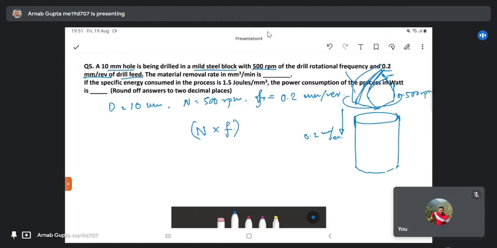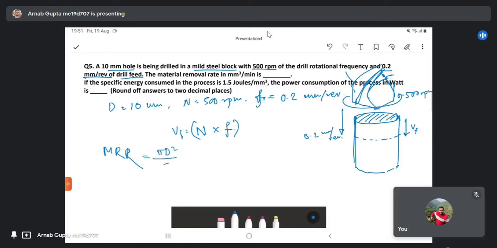So the velocity, I am writing this as vf. If we multiply the area with this vf, we will get how much material it is removing in unit time, right? That is nothing but MRR.